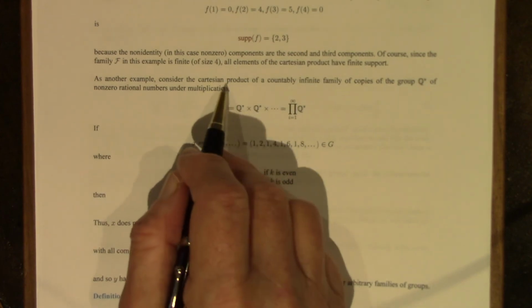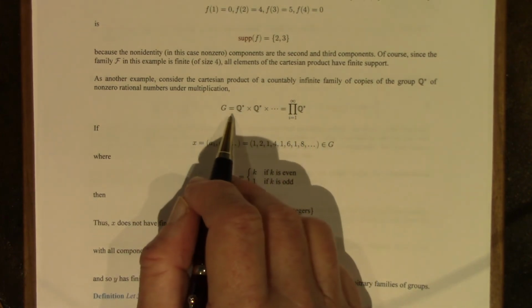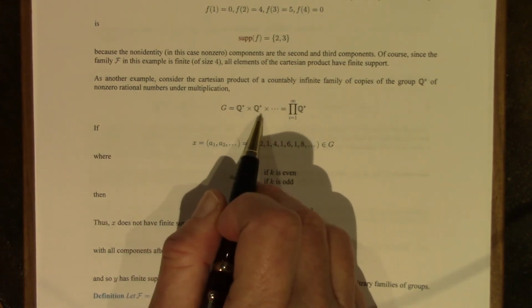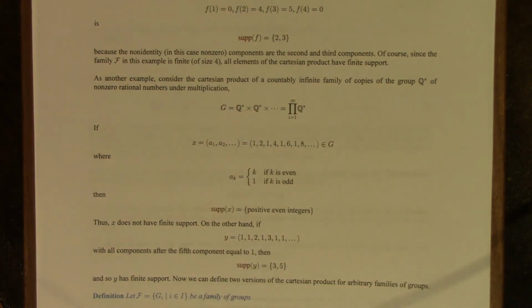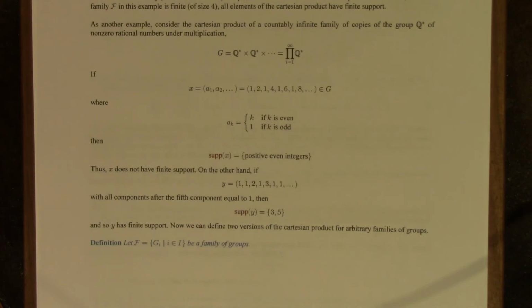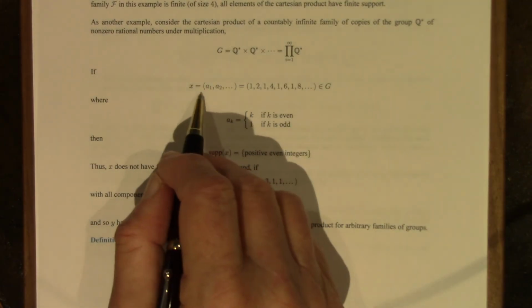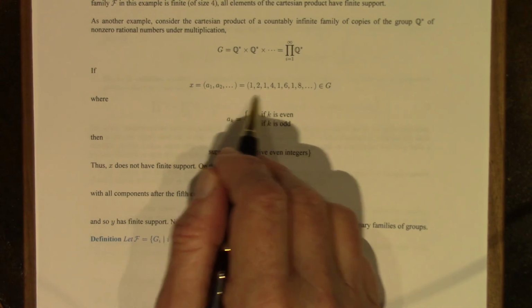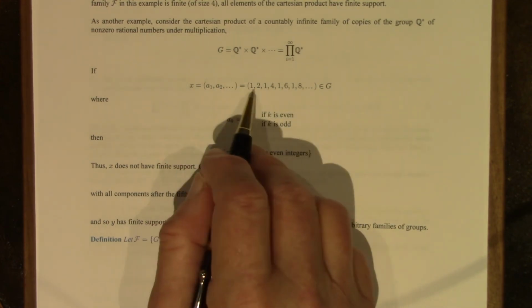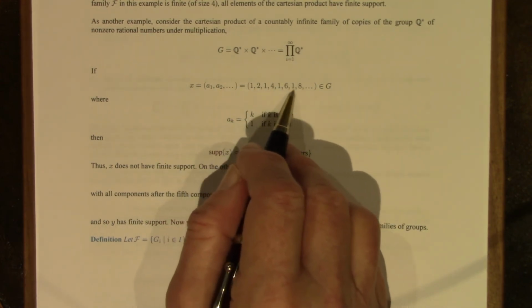Here's another example. We take the countably infinite family of copies of Q star. Those are the non-zero rational numbers under multiplication. Here is a particular element, a component function, which we've written as a sequence: 1, 2, 1, 4, 1, 6, 1, 8.